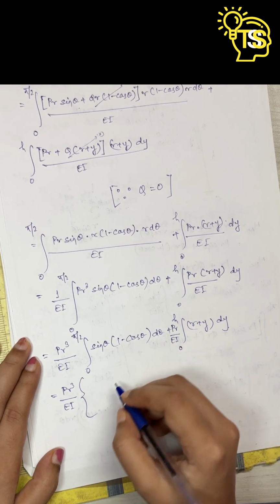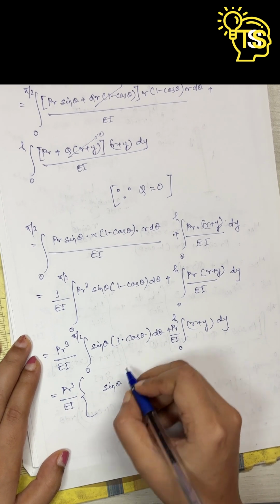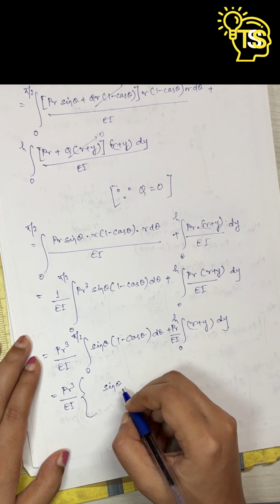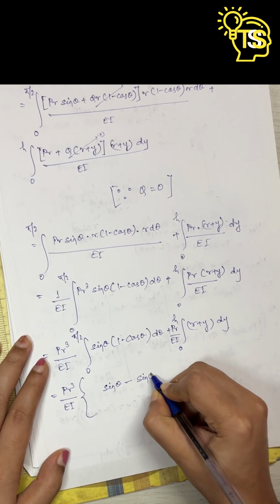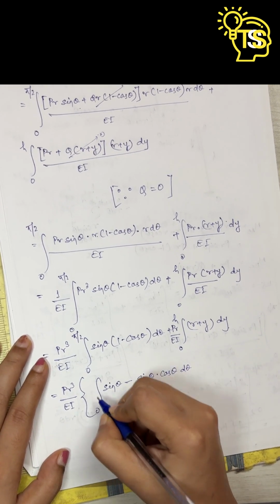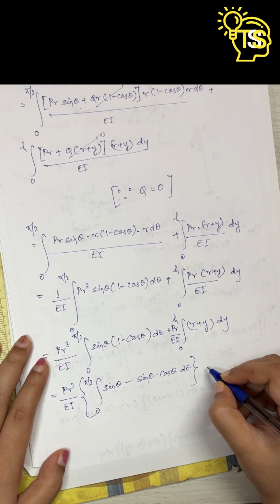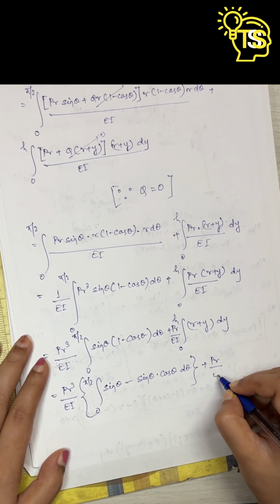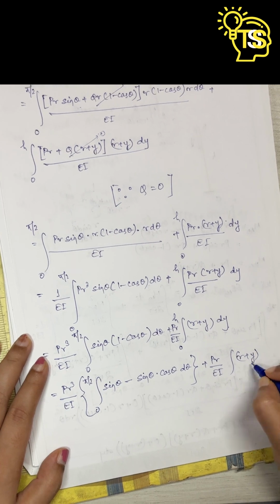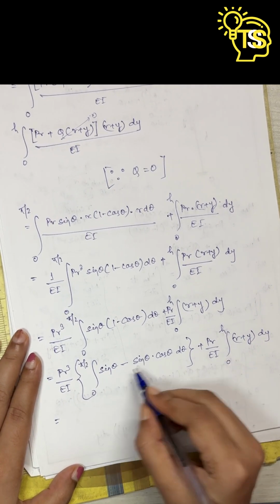Now let's open this bracket. We will get sin theta. Separate the terms. We will get sin theta into cos theta d theta integration from 0 to pi by 2, P R upon EI, (R plus y) dy limit from 0 to h. Now let's separate the terms.